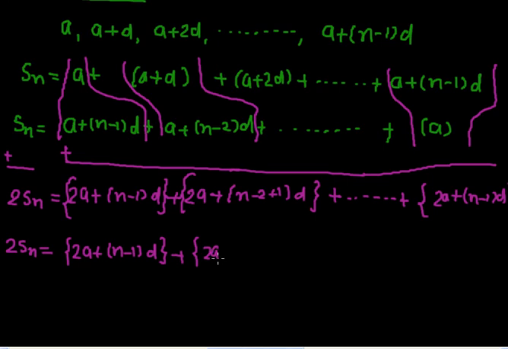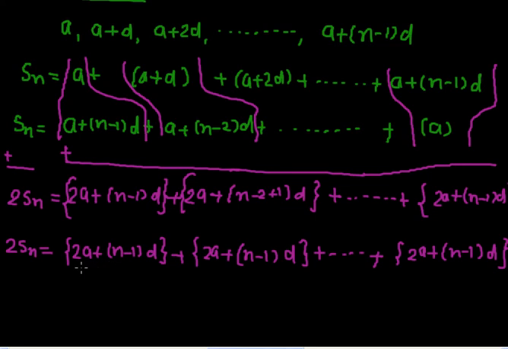Here again 2a plus (n minus 2 plus 1), which becomes (n minus 1) into d, and lastly we have 2a plus (n minus 1) into d. That means when I add the first term with the last term, the second term with the second last term, the third term with the third last term, and the last term with the first term, in each vertical addition we get 2a plus (n minus 1) into d.